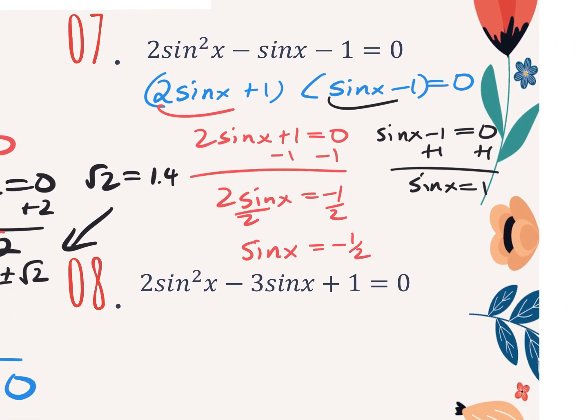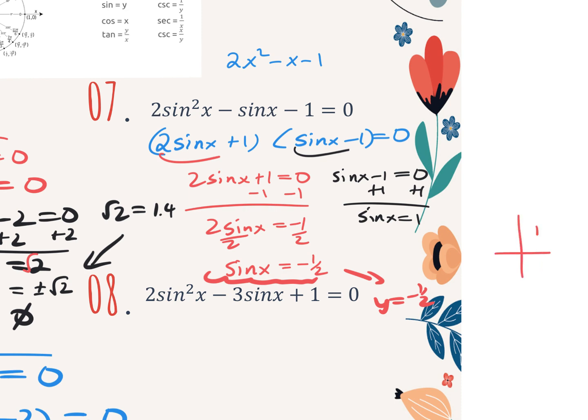So for this one, I'm looking for the y where it equals negative 1/2. So for the red one, I'm looking for y equal negative 1/2. I can do my all students take calculus, and I know that sine is negative here and here.